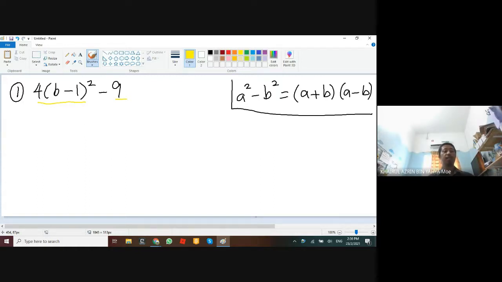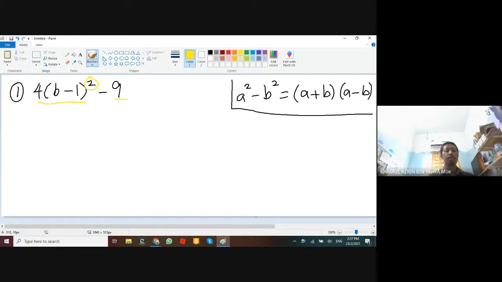Because the square root of 9 is equal to 3 times 3, or 3 square. 3 square equal to 9, meaning 9 is a perfect square. 4 also is a perfect square because 4 equal to 2 times 2 or 2 square. B minus 1 square also a perfect square because of course we got square here.